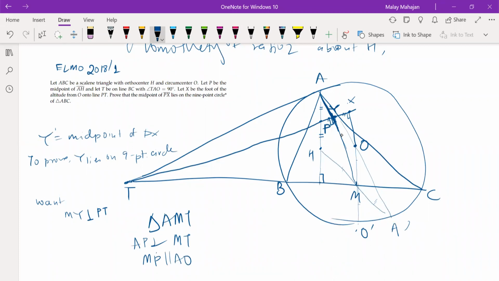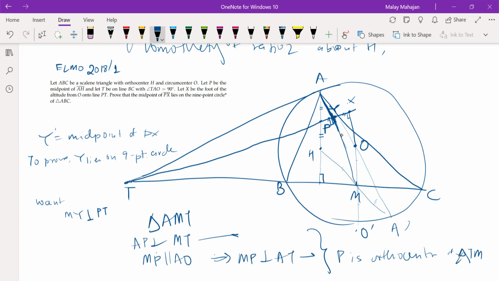But AO is perpendicular to AT, therefore MP is perpendicular to AT. From these two relations, P is the orthocenter of triangle ATM.